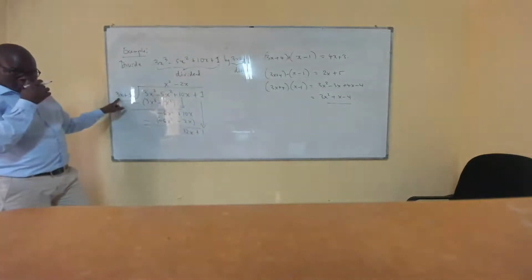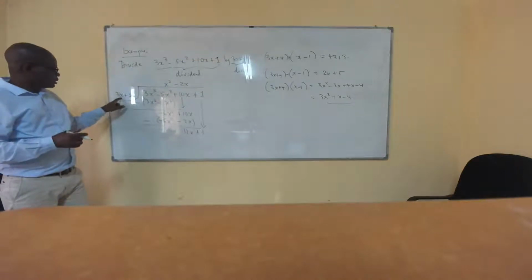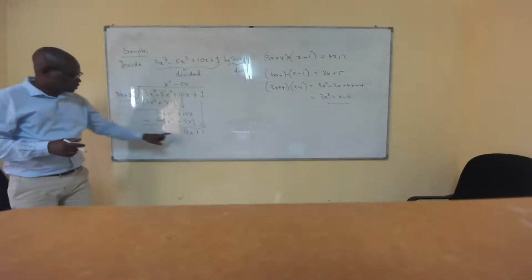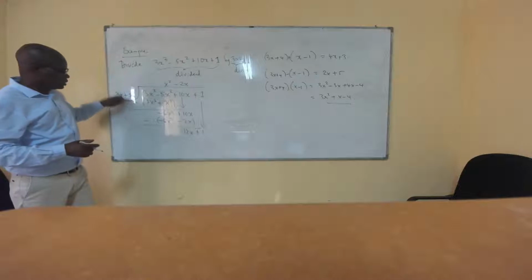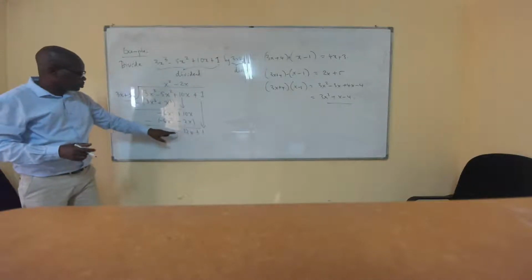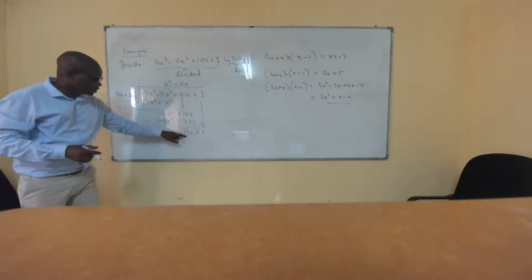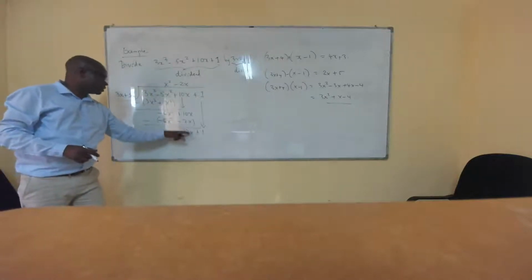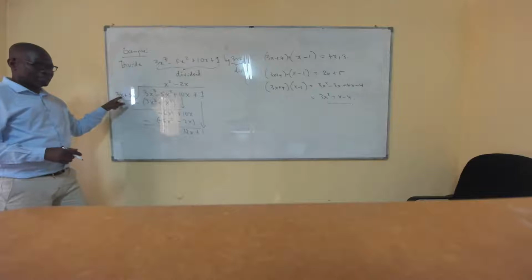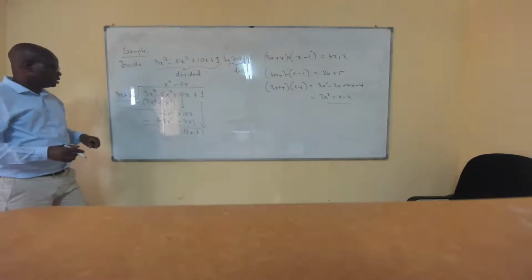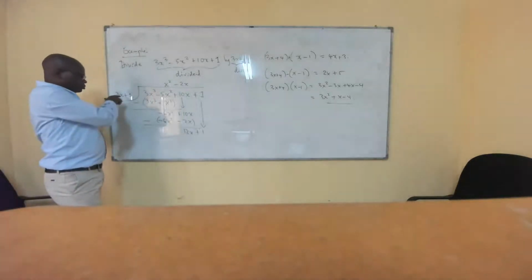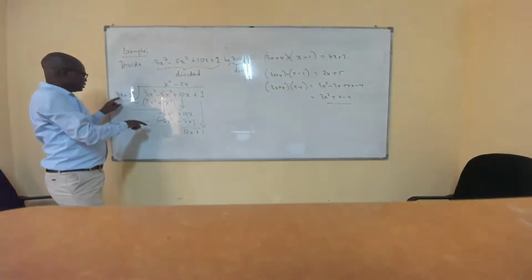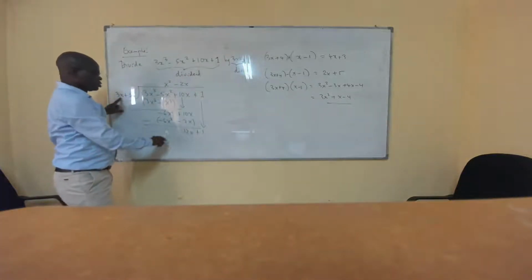Then you have to continue as long as the power here is equal to the power there, or the power here is bigger than the power that is appearing there. So when you divide this time, this into that, we are going to have 4.